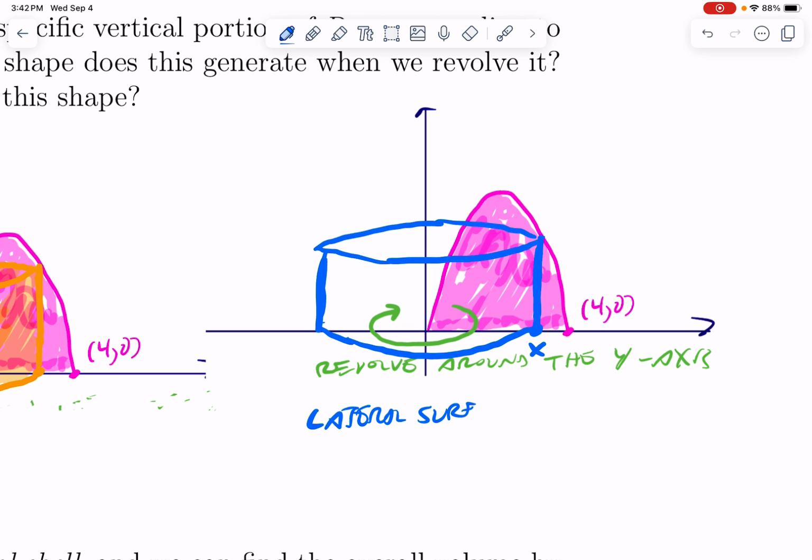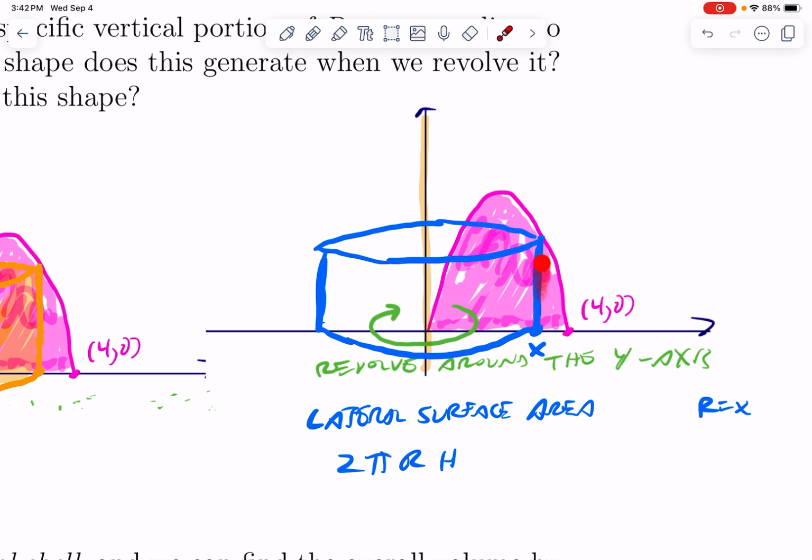The lateral surface area of a cylinder is 2 pi times radius times h. We know that the y-axis is the very middle of this thing, so the radius is just the distance from here to x. Whatever x is, that's measuring the radius.